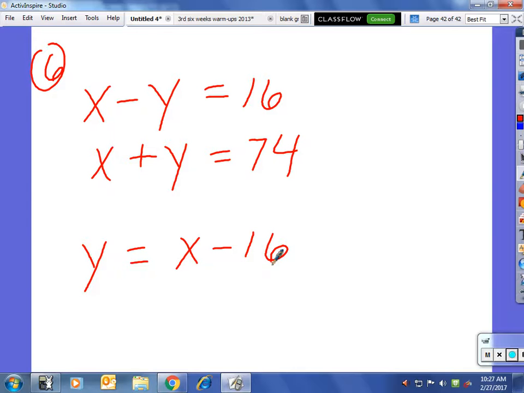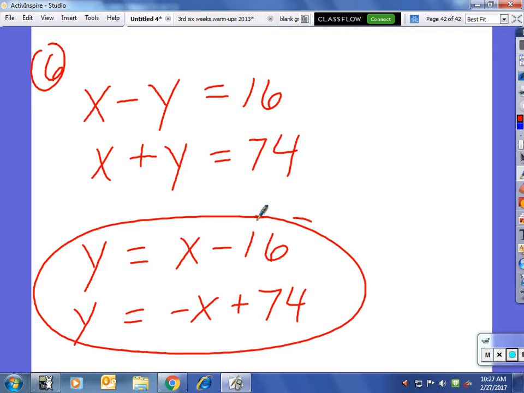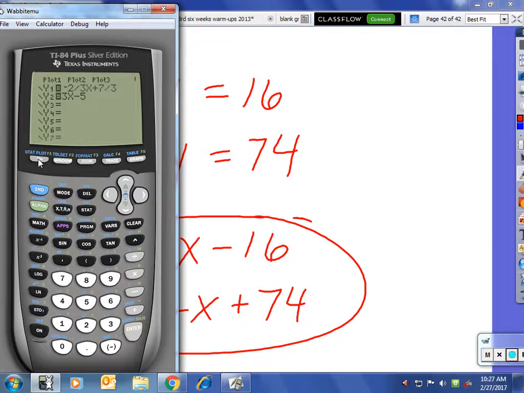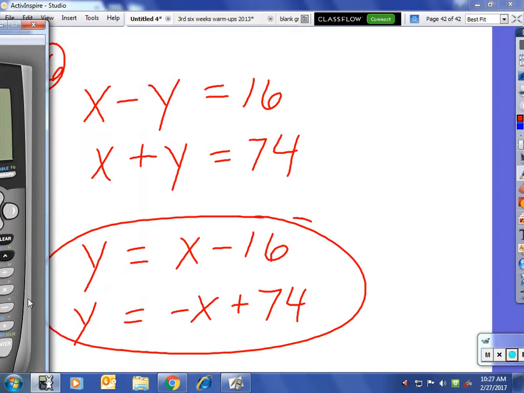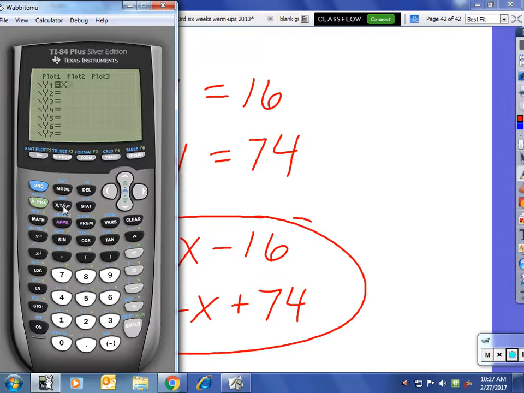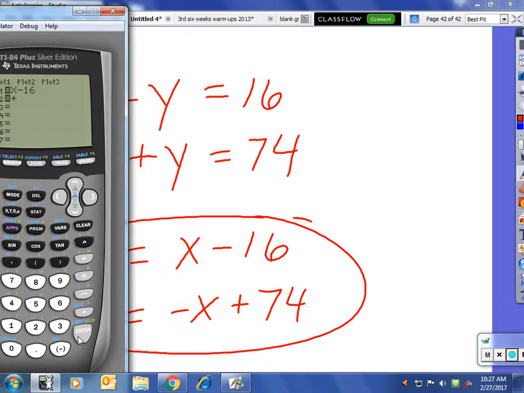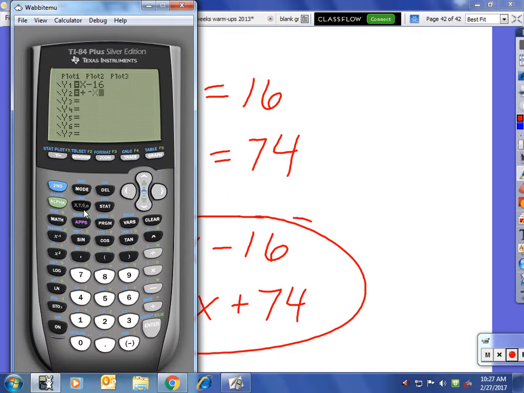What about the bottom one? Y equals negative x plus 74. Absolutely. Now, let's see what happens.